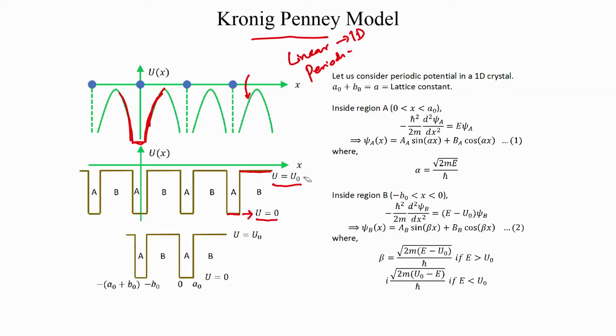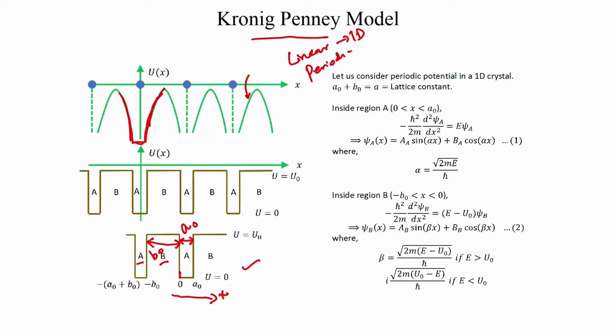And further, we now consider two potential values, and we are going to study these by looking at this picture here. We redefine our x coordinates, and this is the x axis. Let us consider a sequential arrangement of A and B, and we define the width of this potential well to be A naught, and the width of this barrier to be B naught.